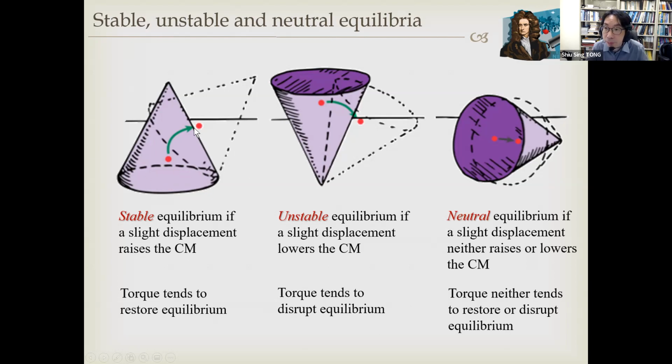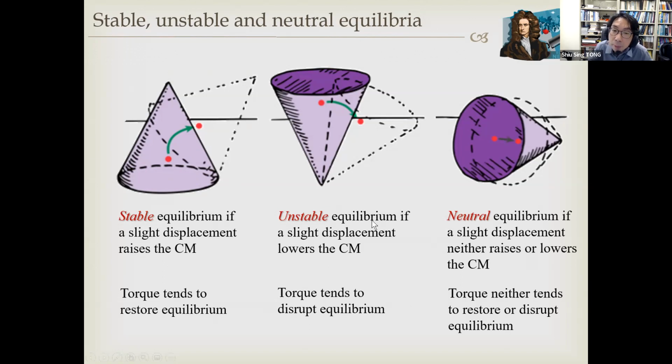If it is displaced too much, the center of mass goes beyond the point of support, then the cone will topple over. But if you displace it slightly, such that the center of mass lies within this circular area, the torque produced by it will restore the equilibrium. So that's why it is stable equilibrium.